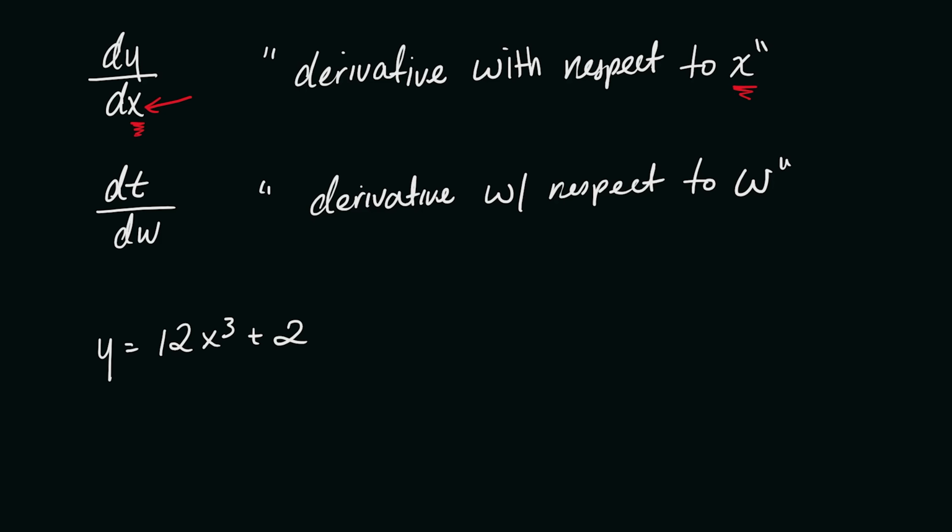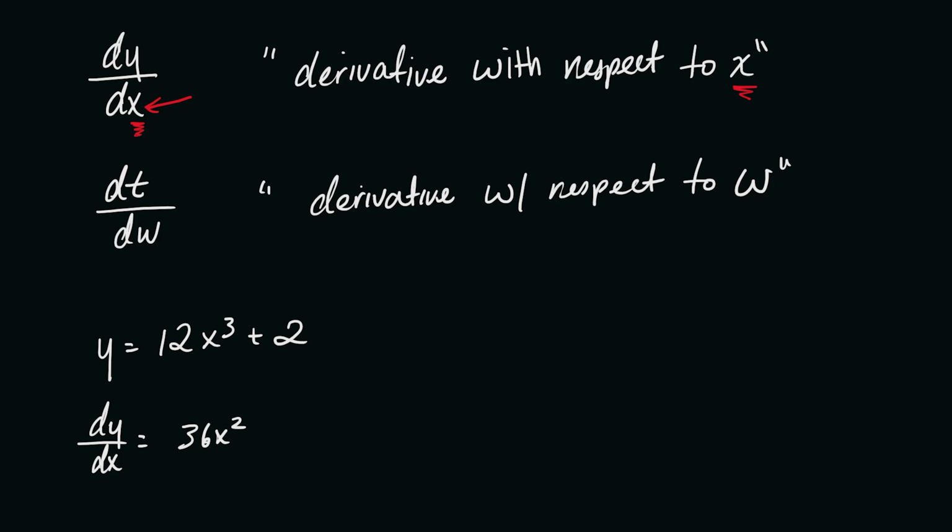So this is what we mean by how this works. When we take the derivative of this whole equation, on our right hand side, we have x, so we're going to be doing the derivative with respect to x. So now the beginning becomes dy over dx and equals 36x squared. That's how it makes sense.